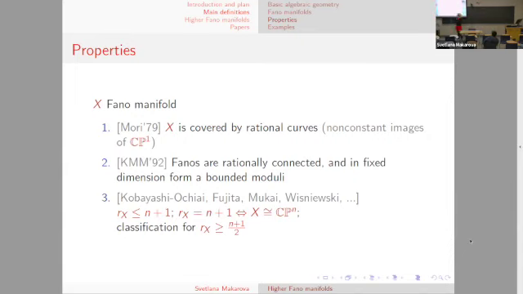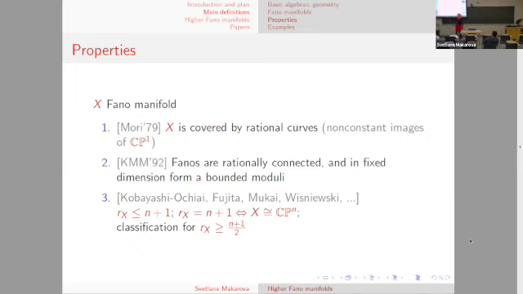And there is a nice series of classification results by many people. So the first results go back to Kobayashi and Ochiai, who proved that the index of a Fano variety is at most n+1.